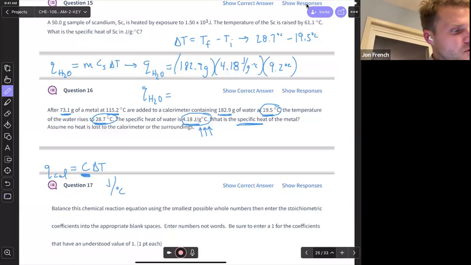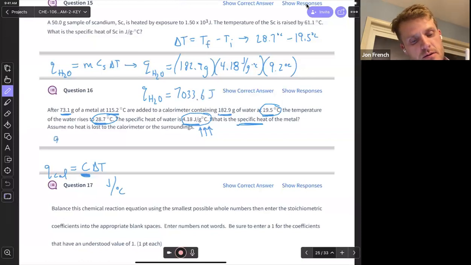So heat for the water, 9.2 times 4.18 times 182.9. Right, I get like 7,000 joules of energy the water absorbed. So that means the Q for the metal, right? The metal lost that energy. The metal lost 7,033.6 joules of energy.